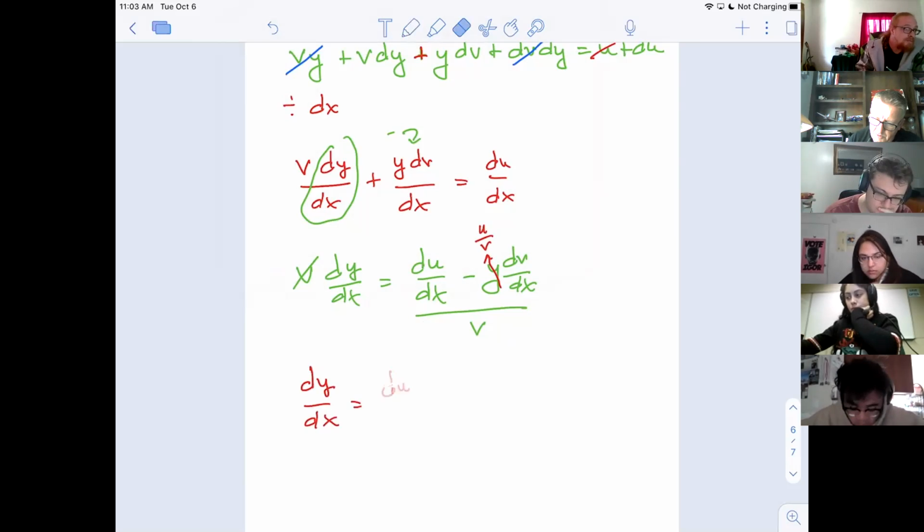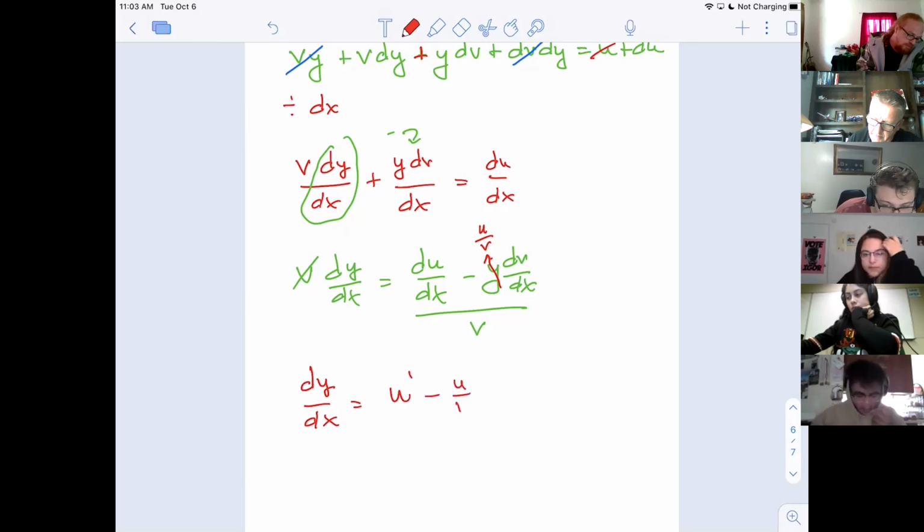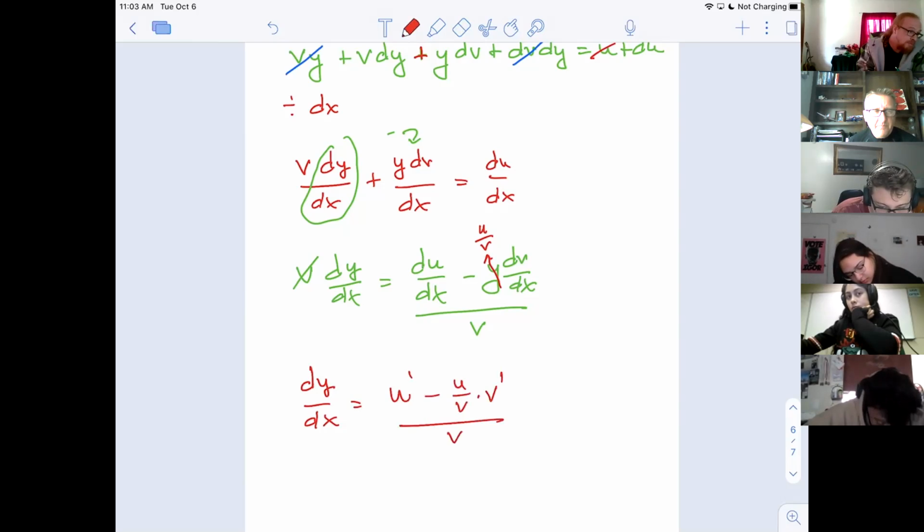Just because it's nice to write du dx, isn't this du dx really just u prime? It's a nicer way to write it. And then it's minus u over v times v prime divided by v, which doesn't really help, but still ugly.